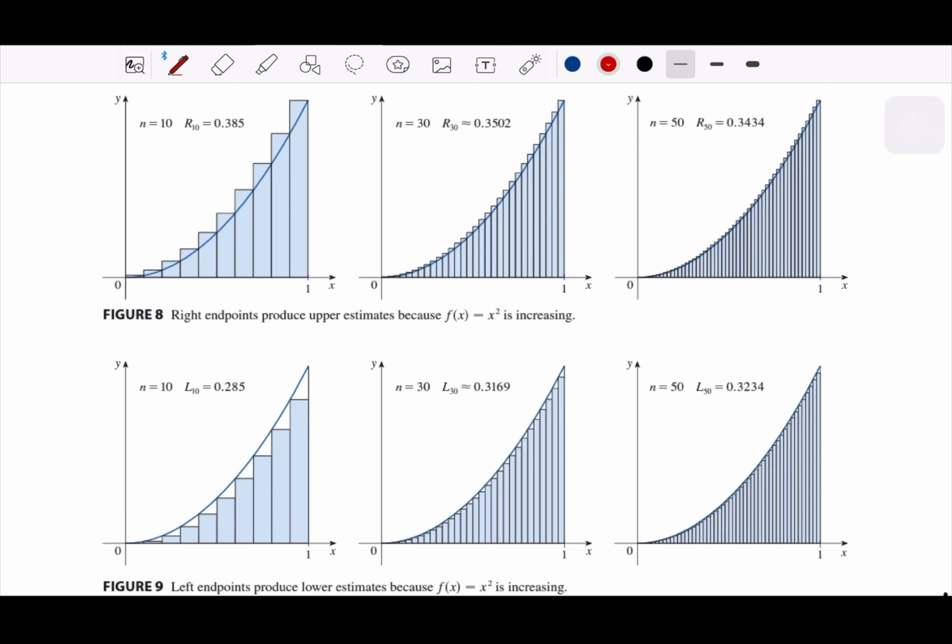And you see, if we take n increasing from 10, 30, and 50, you will see that it's getting closer to our actual area. This is also getting close to our actual area.